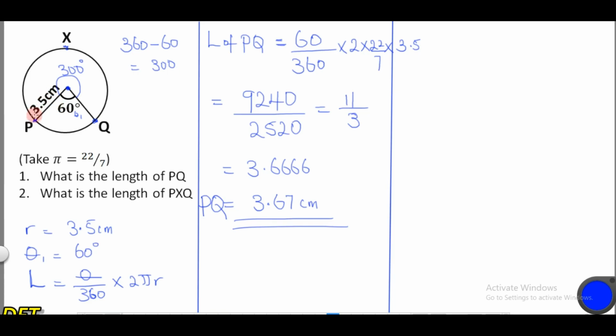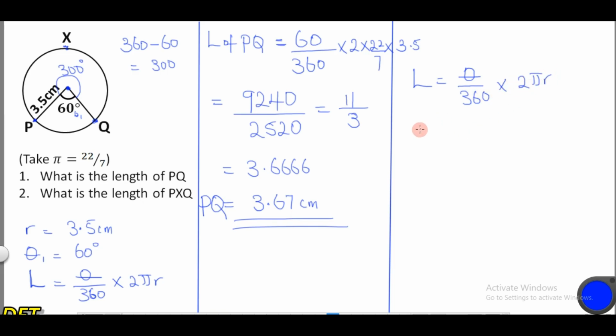Since we're looking for this major arc, we look at it using the angle subtended by the major arc, which is 300. The length of an arc is equal to theta over 360 times 2 pi r.